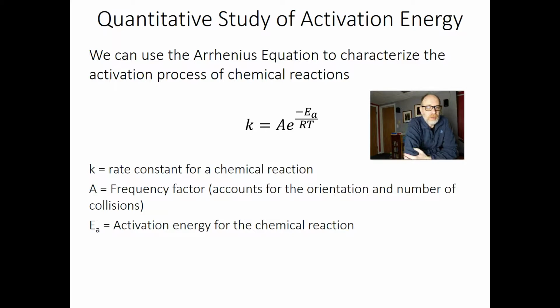And so really that frequency factor has two different parts to it. It's got the orientation part and the number of collisions part. We're not going to talk about anything more than A and understanding conceptually that it has those two components. And then E sub A is the activation energy for the chemical reaction.